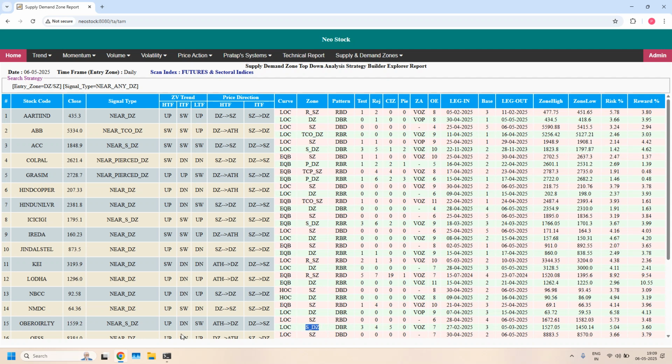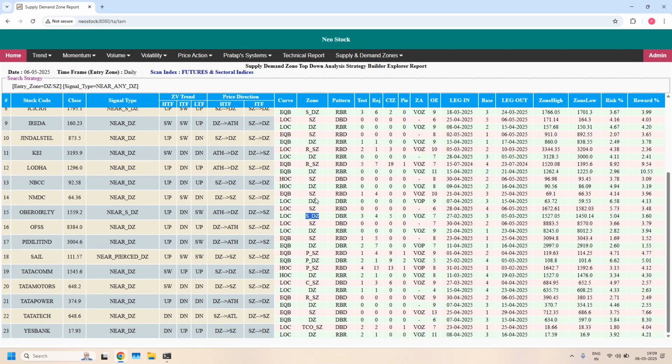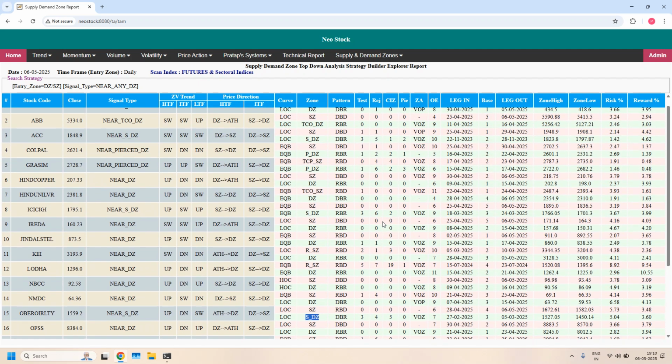And then we have Oberoi Realty is having a daily high liquidity demand zone. That's it. We identified total 2 daily high liquidity demand zones from this list.